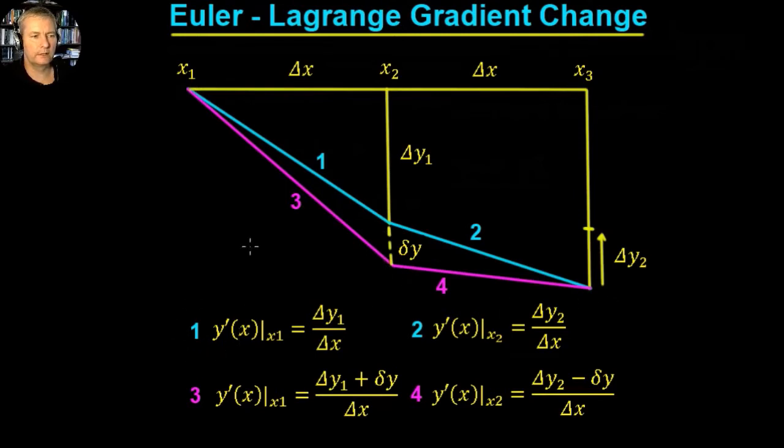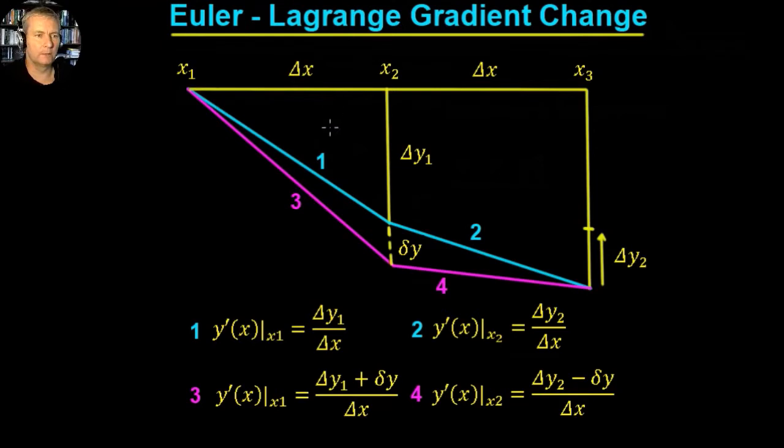So we could say the gradient at 1 there, well it's just going to be the rise upon the run. So the rise here is just this value delta y1 and the run is just delta x. So the gradient of the rope, if we define it at this point here, at x1, that's just the rate of change of the function, y derived of x, at x1, which is equal to our delta y1 upon our delta x.